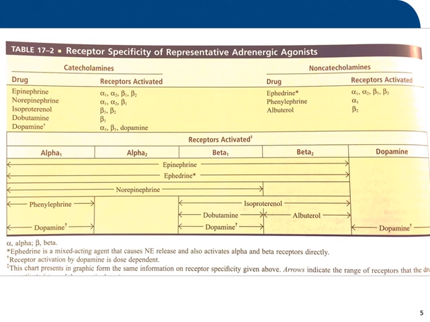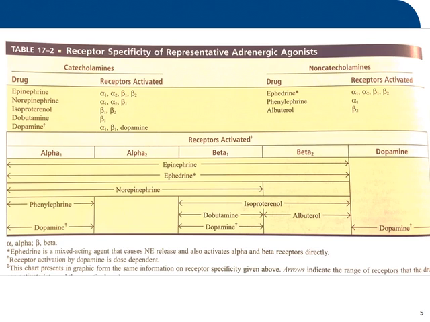Please don't be afraid of this table. Really, I'm just including it to illustrate the point that not only do you have the receptors located in different organs, but the drugs themselves also have selectivity for those different receptors. So not every drug will activate those different receptors equally.